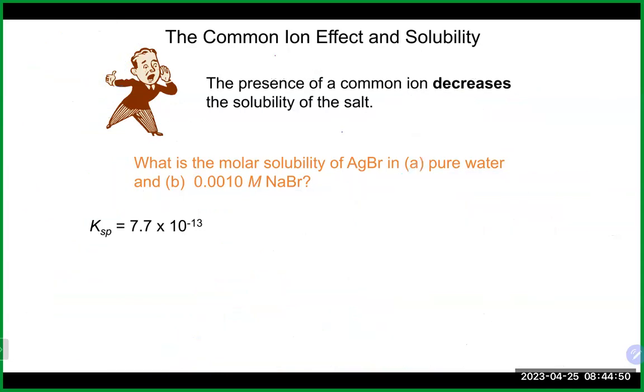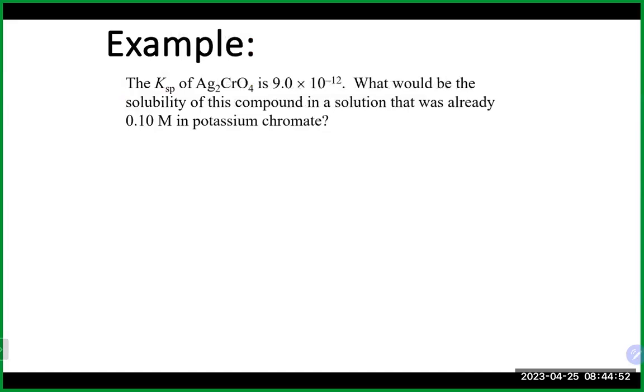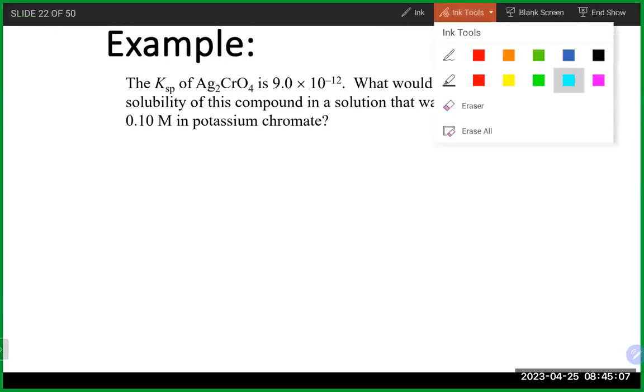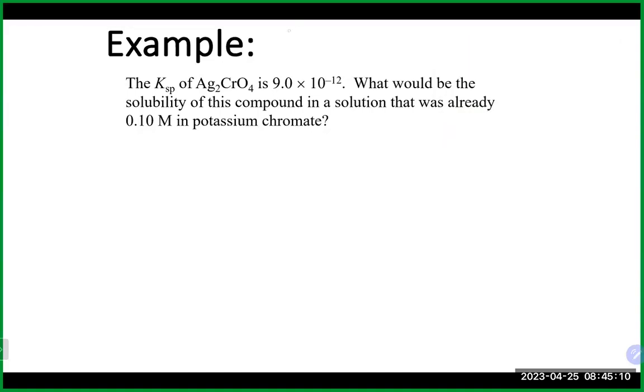Okay, so why don't you try one here? The KSP for silver chromate is 9 times 10 to the minus 12. What would be the solubility of this compound in a solution that has 0.1 molar potassium chromate? Why don't we do both solubilities, molar solubility and solubility in grams per liter?